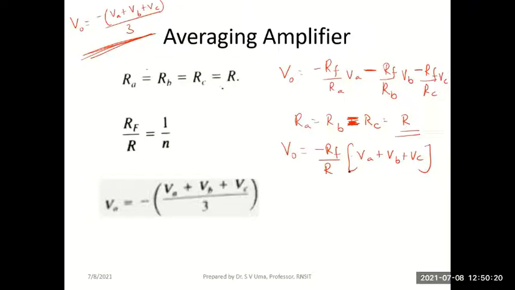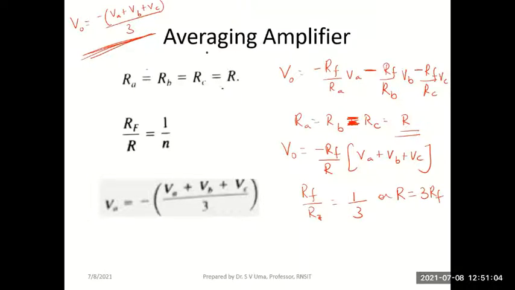Now, if I want to convert it to the form 1 by 3, what should you do? Naturally, you have to choose RF by R as 1 by 3, or R equal to 3 times RF. If you want this ratio to be 1 by 3, you just have to take RF to be 1 by 3 times R, or R to be 3 times RF.